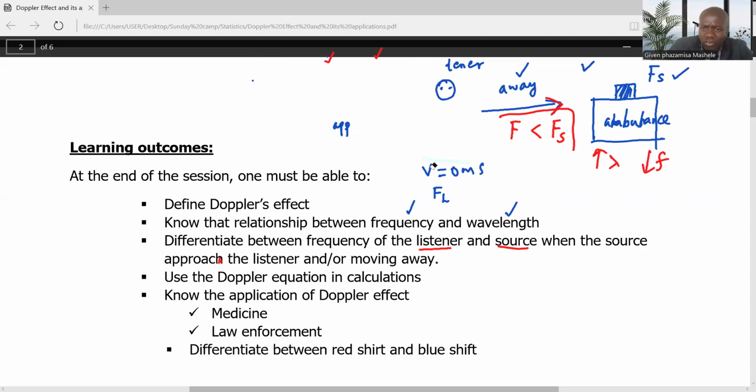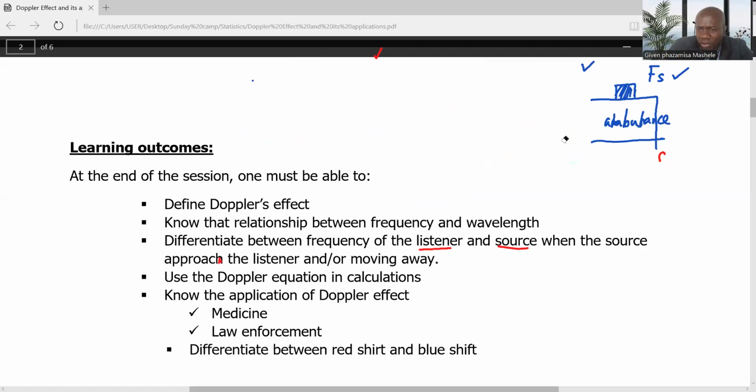According to the Doppler's effect equation, if you want to look at the apparent change of frequency between the source and the listener, number one, you need to know the speed of sound in order to determine the apparent change in frequency.